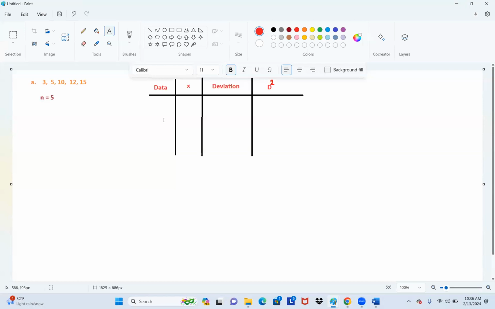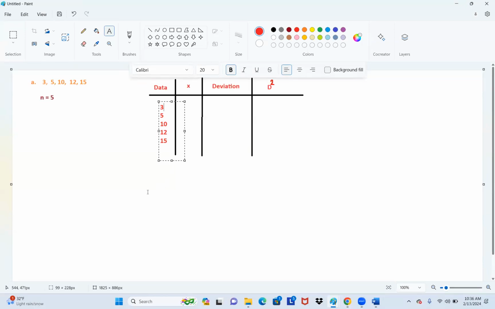The first thing you have to do is put down all the data set points: 3, 5, 10, 12, and 15.